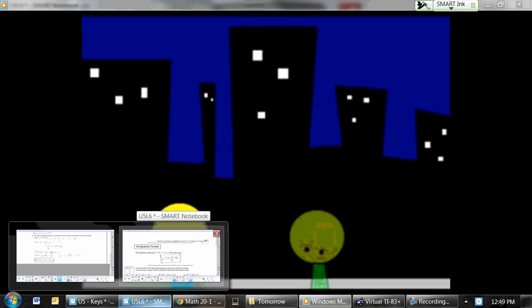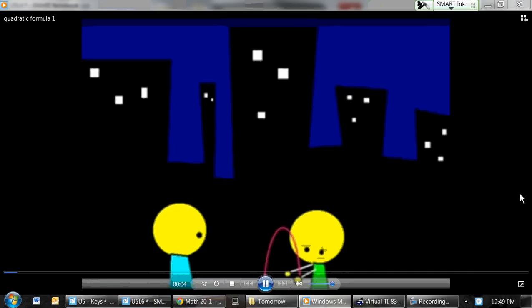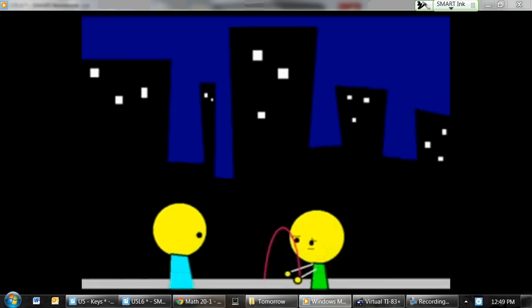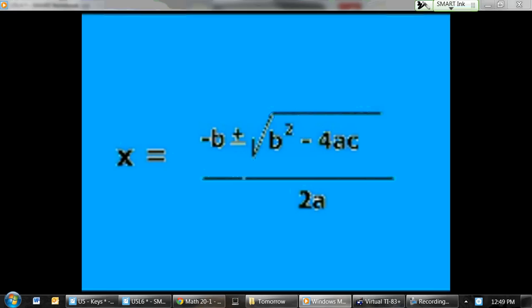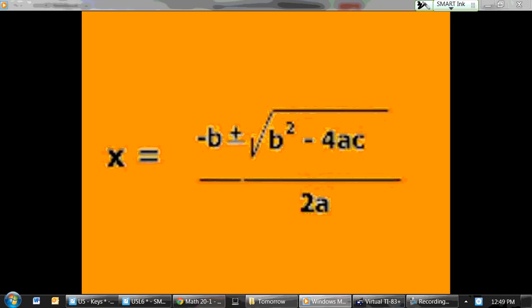Saw a man on the street with a parabola in his hand. He said, "Sir, please help me. I don't understand, and I've been having trouble. This problem's all my fears." So I took out my notebook and I wiped away his tears with the quadratic formula.